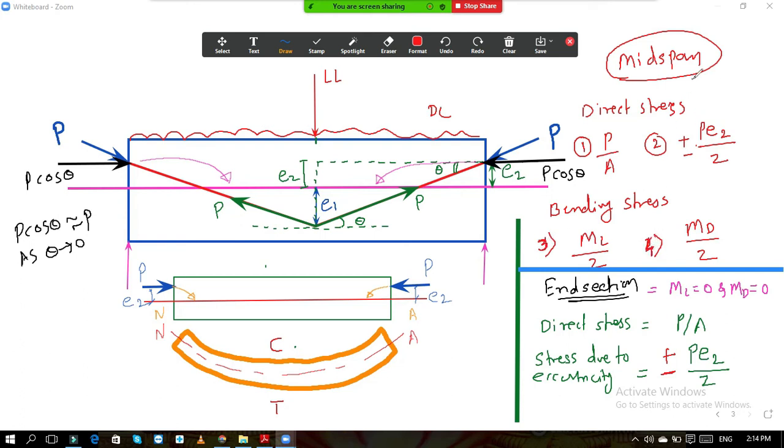This is for midspan when the beam is given like this. And for end span there will be only direct stress and stress due to eccentricity. So these are the stresses which are getting developed in the stressed members.